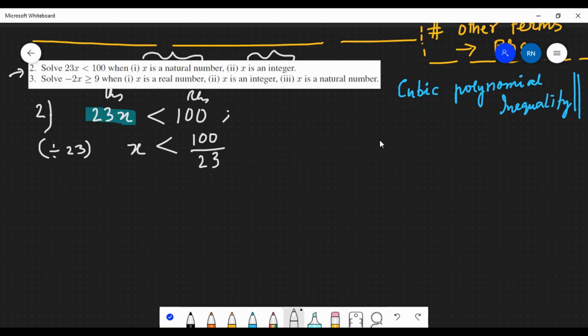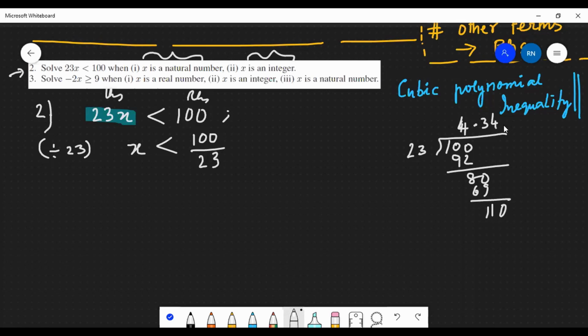So what is the integer part of that? Suppose I make a long division by 23. I may write 4 as quotient, 92, and 80, and then 0.3 and all that, 69 and 110. I can go ahead like this, but this can go on.